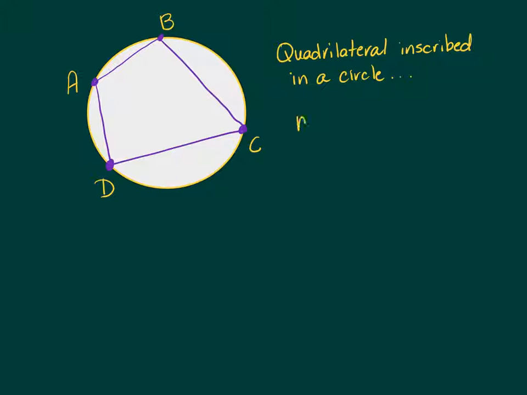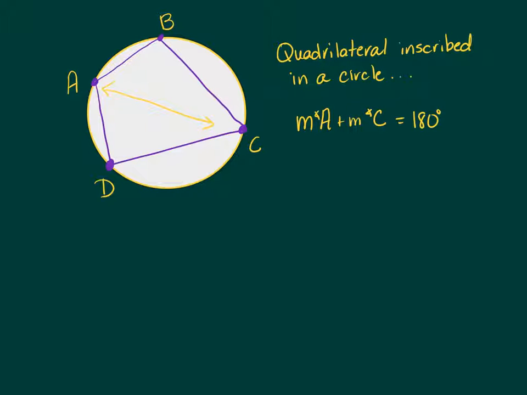So that means that the measure of angle A plus the measure of angle C, since they're opposite one another, will add up to 180 degrees. That does not mean they're always going to be equal to each other. Their being equal is one scenario, but it is not the most common scenario.